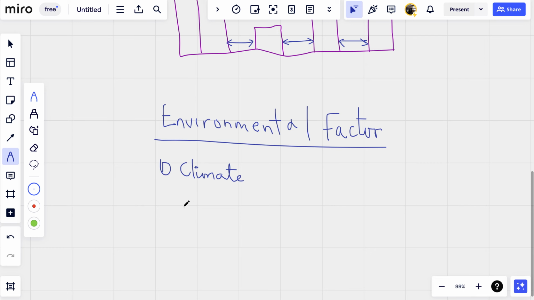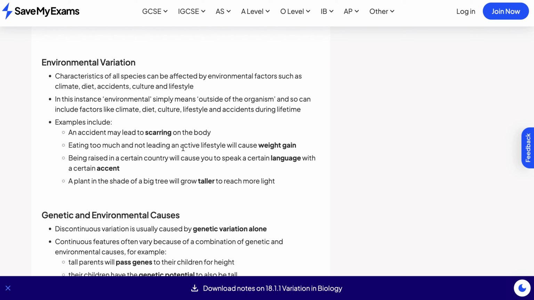If you're in a very hot country, your characteristics are different from someone in a very cold climate. Sometimes even your color is affected, and many things about you may be affected.